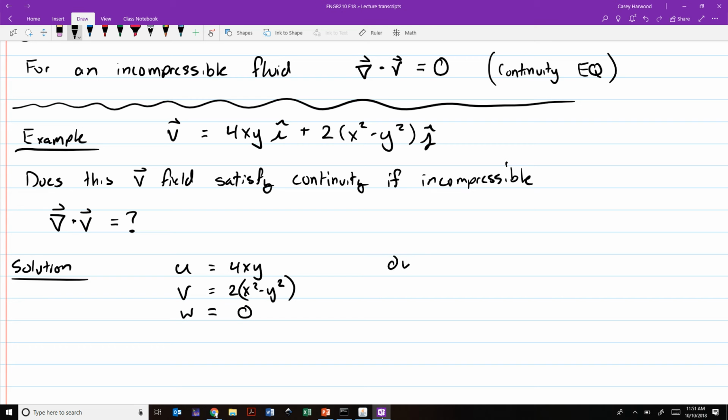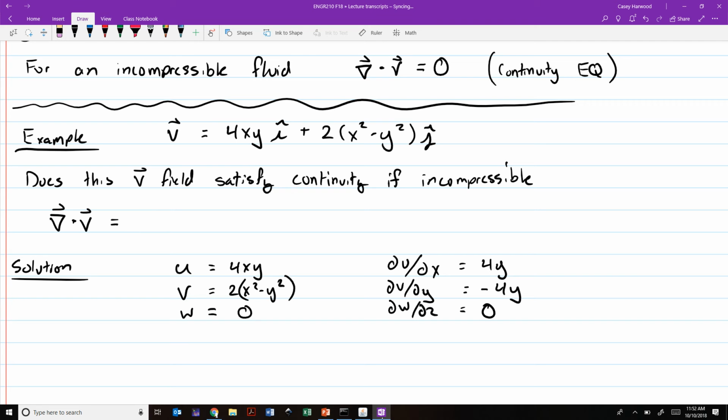So du/dx is equal to 4y. dv/dy is equal to what? Negative 4y. dw/dz is 0.